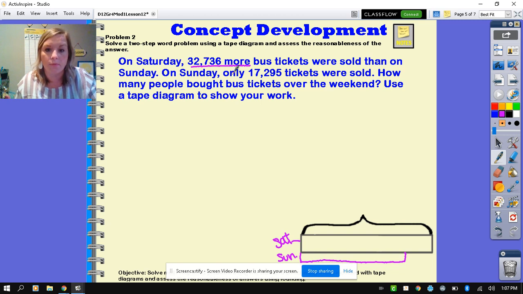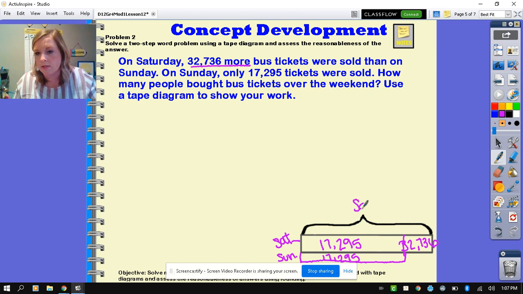That's telling us that Saturday had an extra 32,736. Sunday, only 17,295 tickets were sold. So it says how many people bought bus tickets over the weekend.